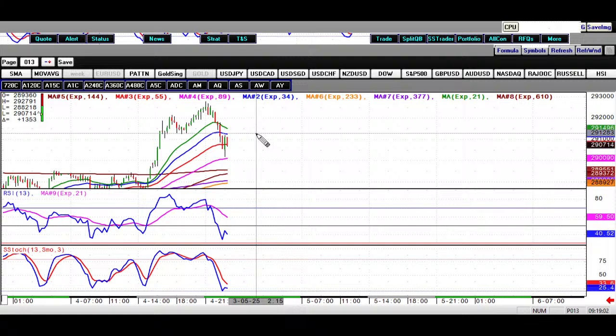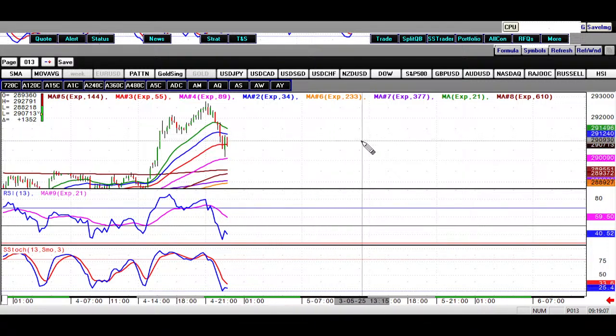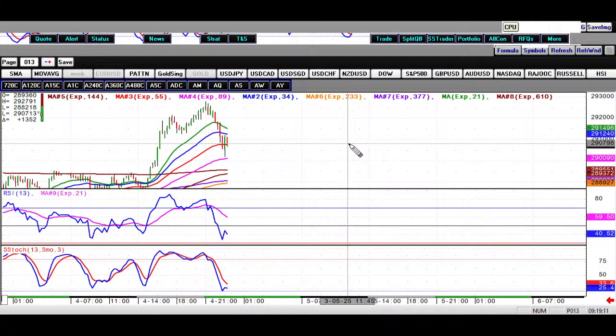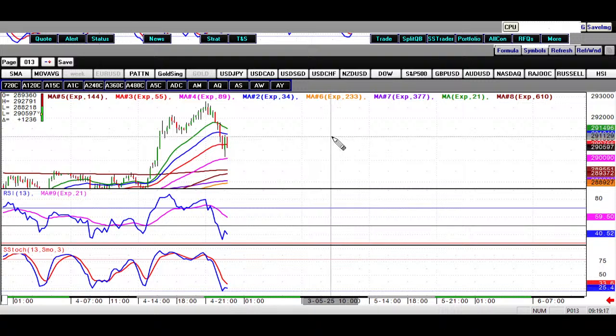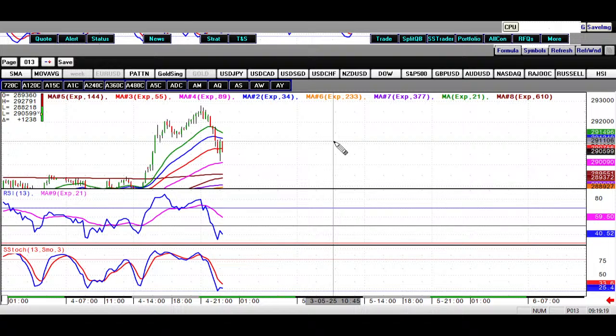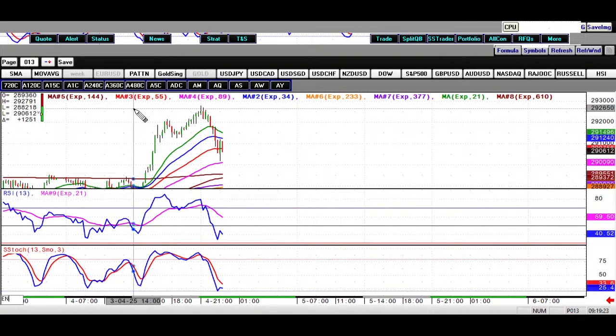The Nasdaq, I think it is reaching the target. The gold, I'll give you the signal later on because we still have time.